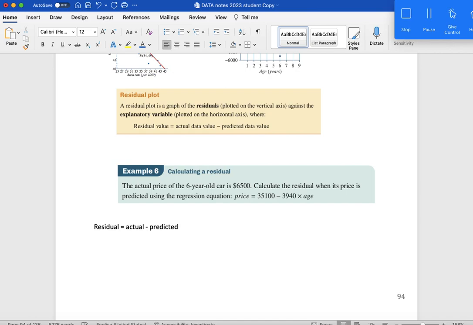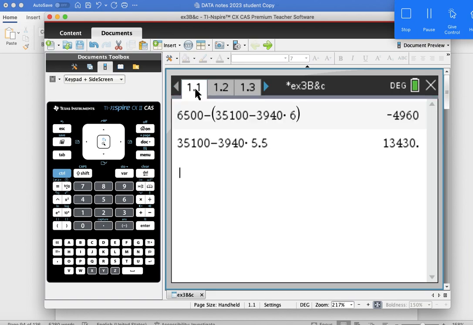And then the actual was 6,500, then you're going to minus the predicted, which is when you use the equation. So I'd have to pop in that equation again, and it will be times the 6 because it's a 6-year-old.